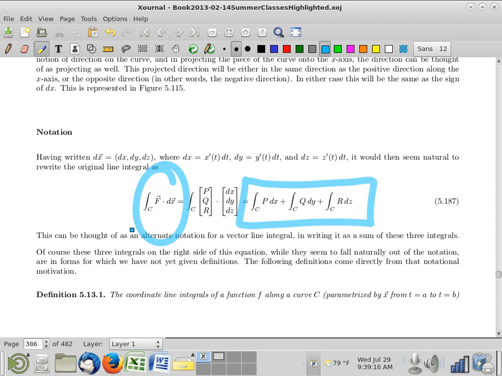FYI, in contexts that are beyond what we can do in Math 212, this notation is actually really useful. This is closely suggestive of a much more sophisticated object called an integral of a differential form. And they're extremely powerful things, much more general things that you can do with differential forms than you can do with this other point of view on line integrals.